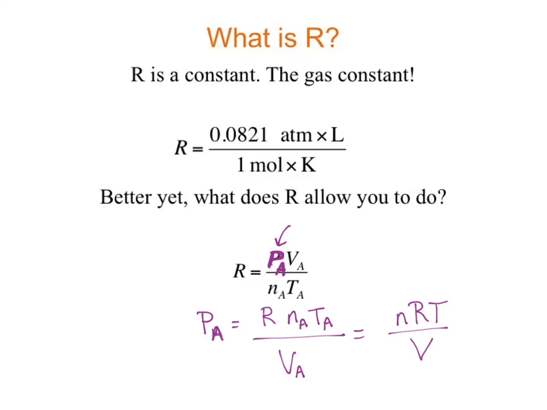Or as my high school chemist attempted to do at the DMV, and then got a ticket, rearranged her license plate to be PV nRT and put electrical tape on her license plate. She has the equation PV equals nRT. We now have the ideal gas law. This gives us that R, gas constant. It allows us to convert between pressure, volume, moles, and temperature.